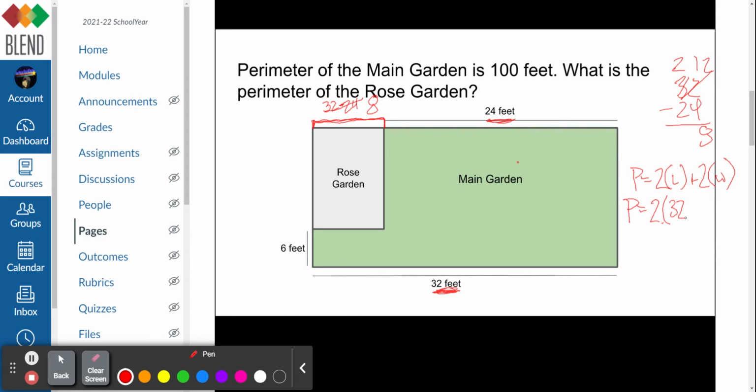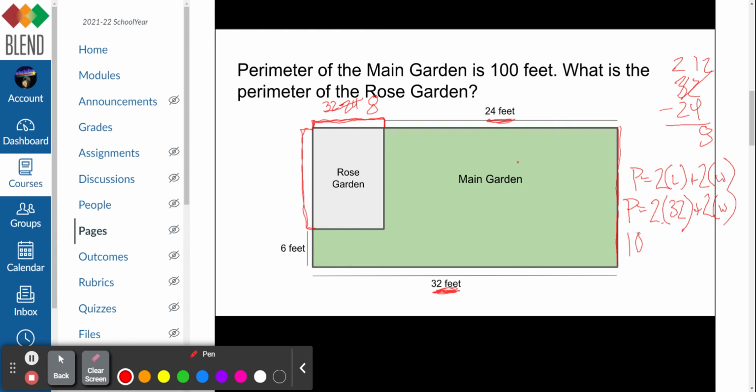So I know you're like, why are you finding the perimeter of the main garden when we need to know the perimeter of the rose garden? Well, we need to know what the width is on this main garden so we can find out what the width is of our rose garden, because it's telling us on this label that it's 6 plus the rose garden equals the width. So if we can find out the width, then we can find out what the missing dimension of the rose garden is.